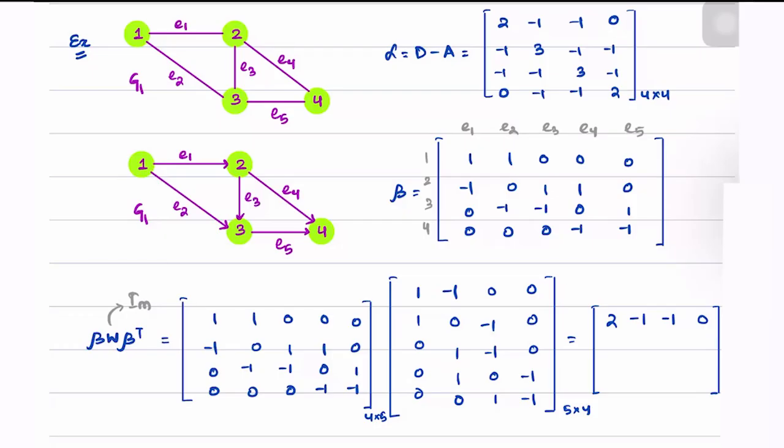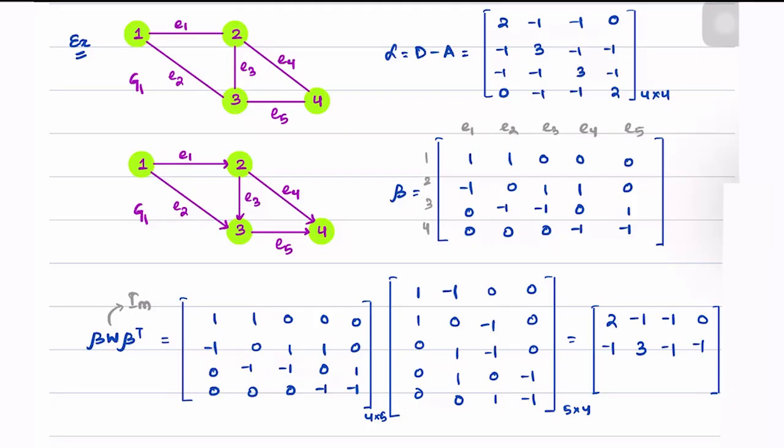Similarly, let's look at the second row of B and the first column of B transpose. So this product is obviously equal to -1. The second entry here is equal to this times this, which now adds up to 3. Similarly, the second row with the third column, now you can see this adds up to -1.